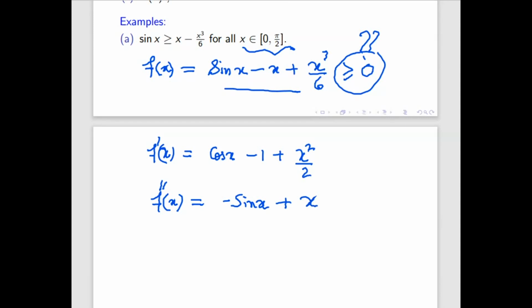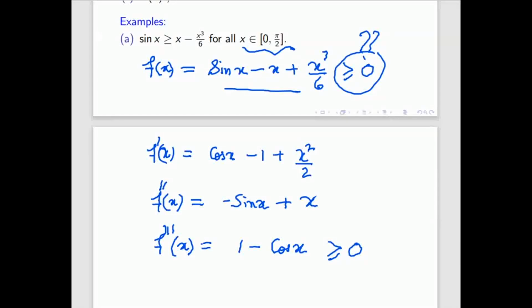Even if you have any doubt, we can differentiate, that is the triple derivative. The derivative of x is 1, and the differentiation of sin x is cos x. Can we say that this quantity is always positive or negative? Always positive, greater than or equal to 0, because cos x cannot go beyond 1.